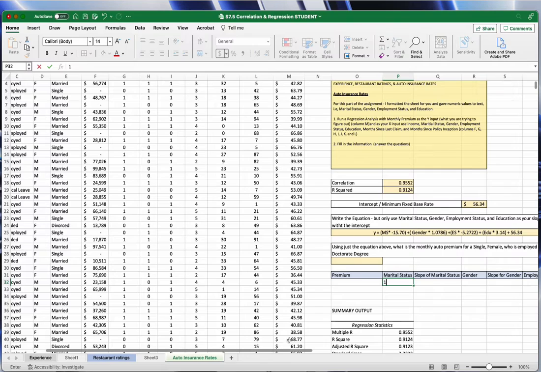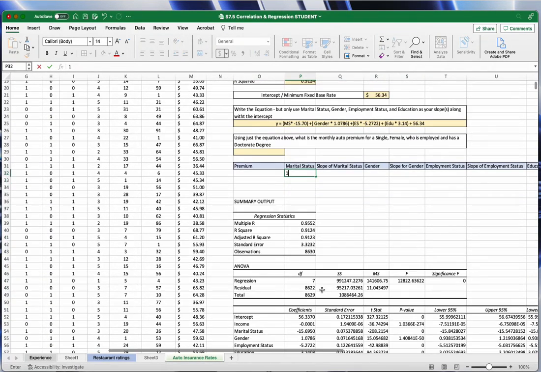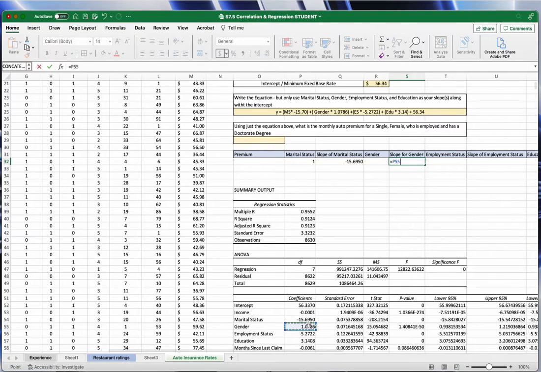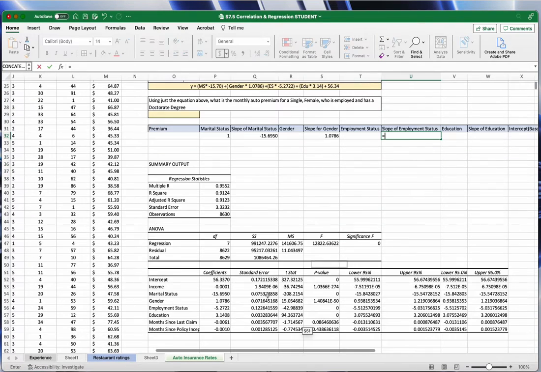Okay. The slope of my marital status is right here. We have that right here. So we just do equals right there. Okay. And I'll do that for each of these. The slope of my gender equals, I'll just add that right there. The slope of my employment rate equals employment status right there.